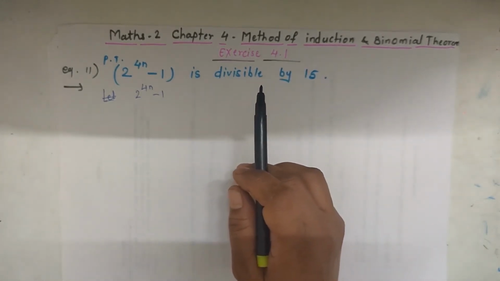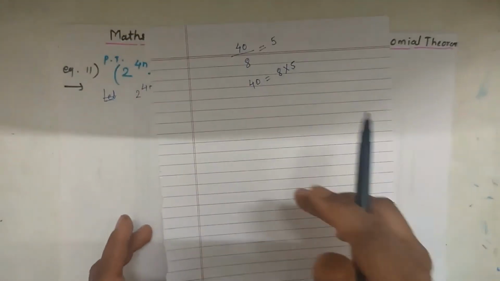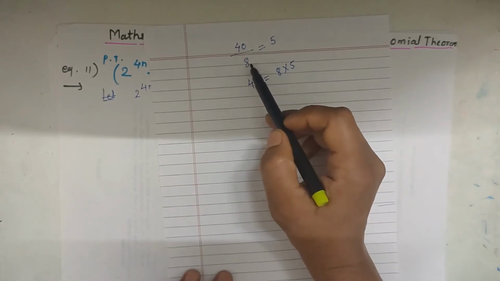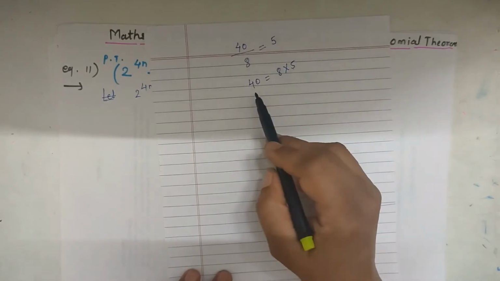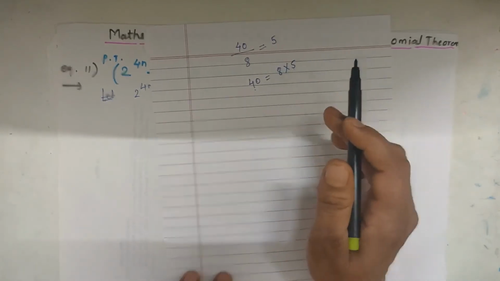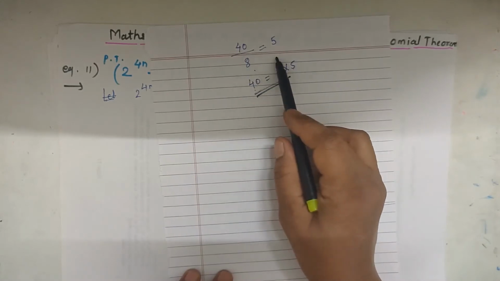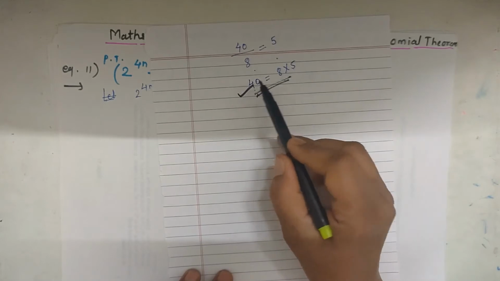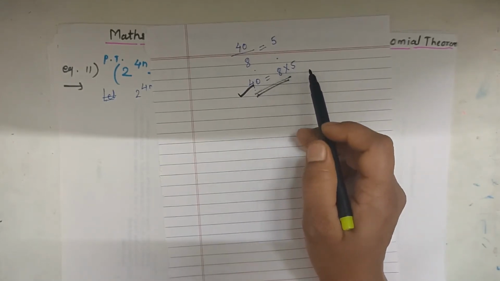Students, we know that for example 40 is divisible by 8. 40 by 8 is equal to 5, means 40 is equal to 8 into 5. So we can say that 40 is divisible by 8. That means 40 is a multiple of 8.